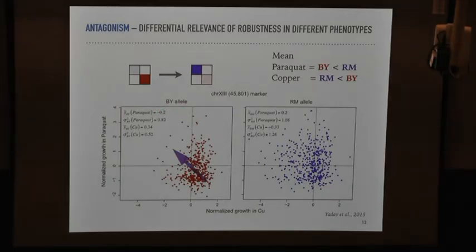So what is happening is that in the presence of the RM allele, robustness is lost and there's an increase in variance, and the mean has shifted from this being better to this being better. So the loss of robustness could be one of the mechanisms through which the antagonistic interaction we see in gene environment interactions could be brought about, rather than a complete flip in the effect of that particular mean or variance.